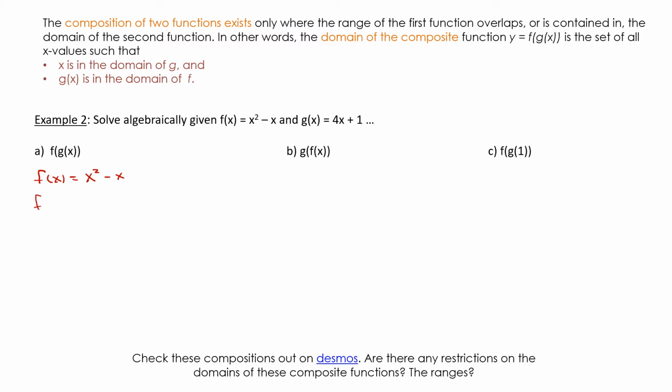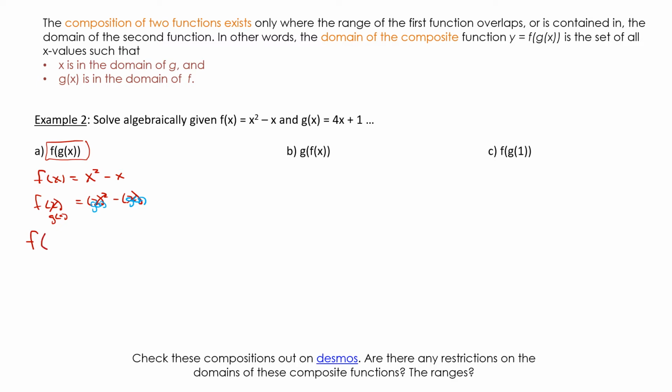If I were looking for f at 2, what would I do? I would put a 2 in everywhere there is an x, always substitute using brackets. But I'm not finding f at 2, I'm finding f at g at x. That's what this is right here. So instead of everywhere that there was a 2, I'm going to have to put a g at x in all those spots. So let me write that underneath where it looks a little more sensible.